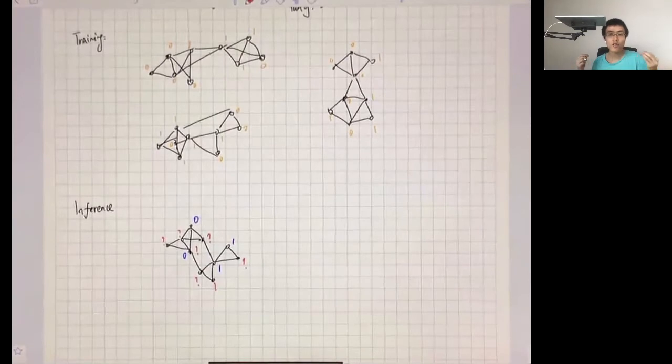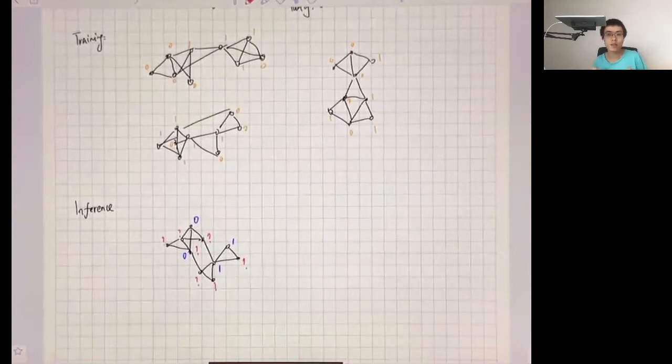If two people are connected, they are friends, then it's more likely that they have the same political polarity. But it's not a necessary condition. They may have different political polarities. But it's more likely that they both have 1 or they both have 0. And maybe I have some other features saying, I know more people are supporting the Democratic Party, so more people are being 1.